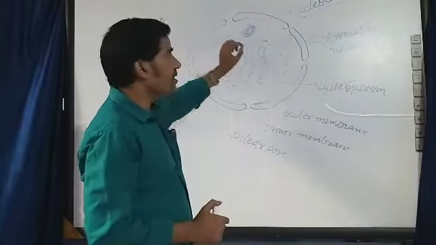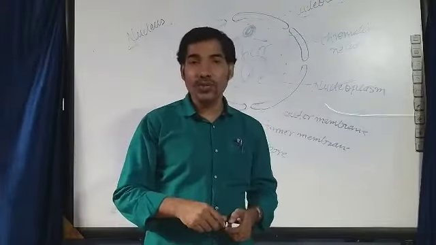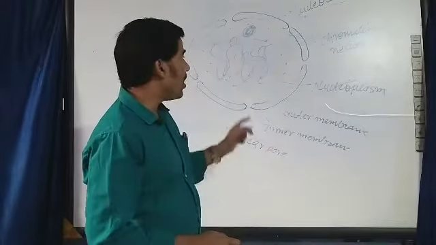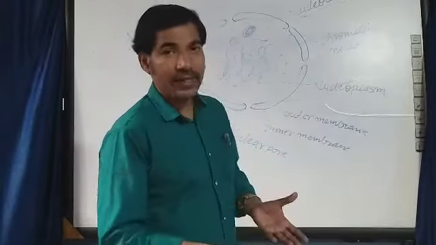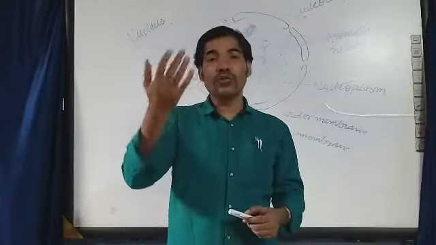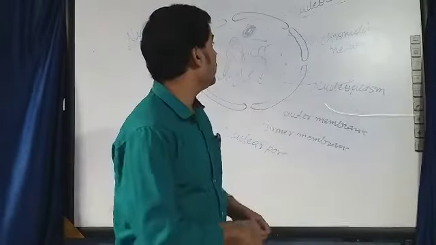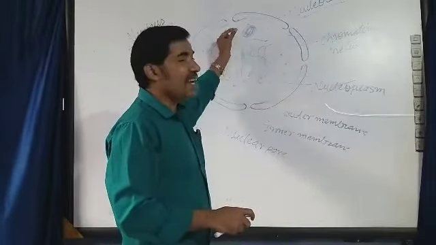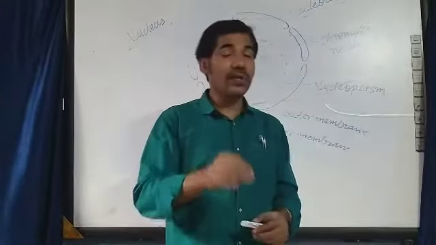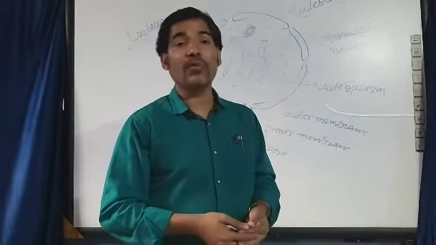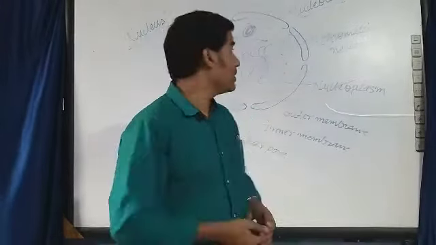Inside the nucleus, a jelly-like structure is filled, that is called nucleoplasm, and in this nucleoplasm a network of thread-like structures is present, that is called the chromatin network, which helps in the formation of chromosomes during cell division. Inside the nucleoplasm, a dense rounded structure is present, that is called the nucleolus, but it is absent in the nucleus of a prokaryotic cell.